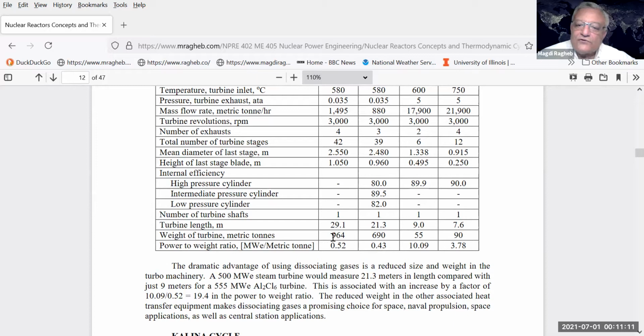Well, then the weight of the turbine, of course, here would be 964 metric tons. 1 metric ton is 1,000 kilograms. This one is only 55. So if you take the ratio of the megawatt electric that you produce in your turbine per metric ton of the weight, in the case of water is 0.5, but then in the case of aluminum bromide is 10. So 10 divided by 0.5 is 20 times.